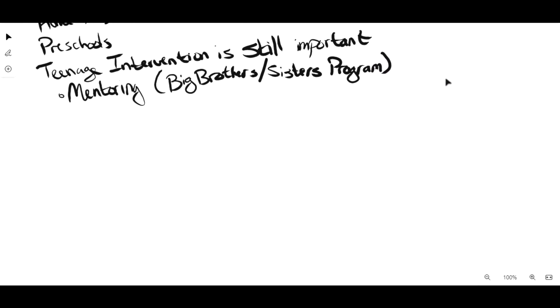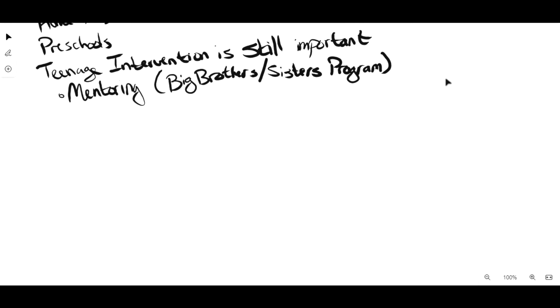Just having a mentor is already a potentially good thing, but if you have a bad mentor, it's not going to be the best. Good mentors encourage growth. The data also shows that a mentorship program alone is not enough. When you combine it with other programs, that has the biggest impact on reducing juvenile delinquency.